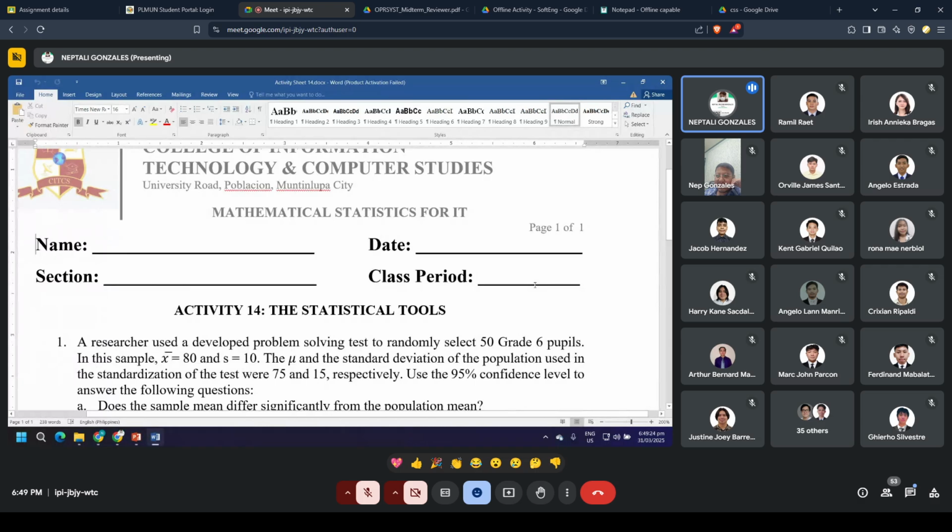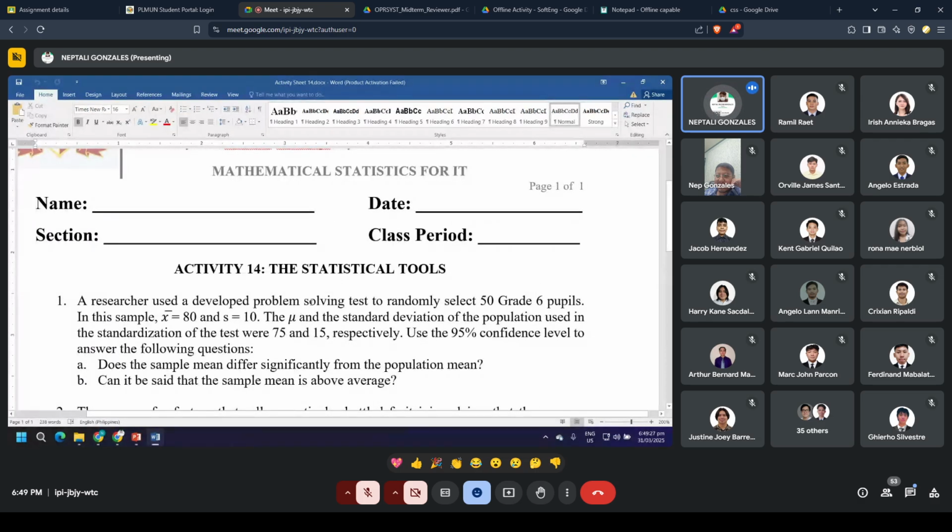A researcher used a developed problem-solving test to randomly select 50 grade 6 pupils. So meron ka na kagad na 50. In this sample, the sample mean is 80. The standard deviation S is 10. The population mean and the standard deviation of the population used in the standardization of the test were 75 and 15, respectively.